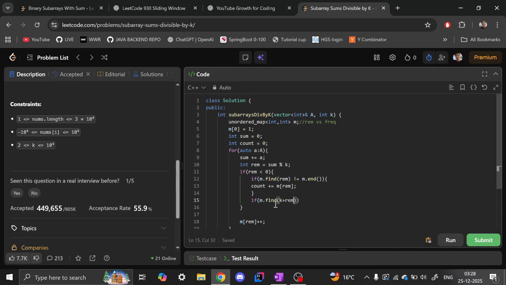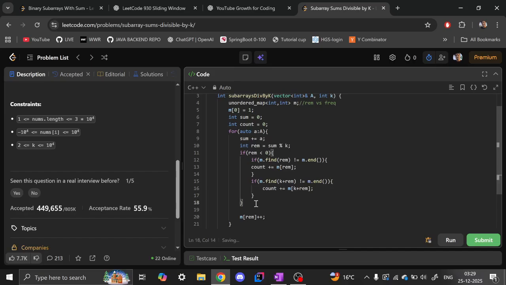So k plus rem exists, we also have to check that, and we are going to add that also, m of k plus rem.